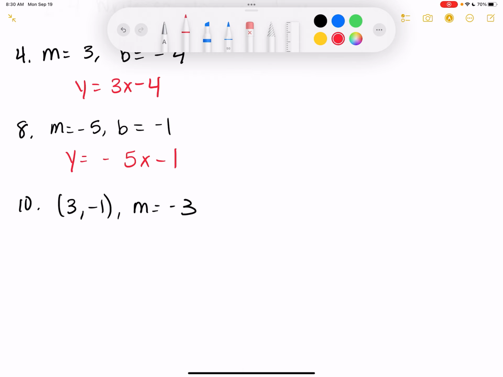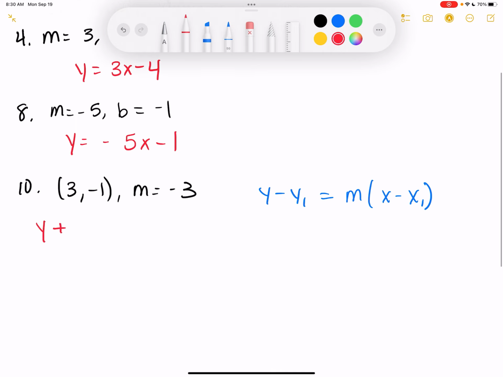Just as a refresher, what is point slope form? Like in letters. Y minus y1 equals m parentheses x minus x1. Yep. So when we go to plug stuff in, we're going to have y minus -1, so +1, equals -3 times x minus 3.